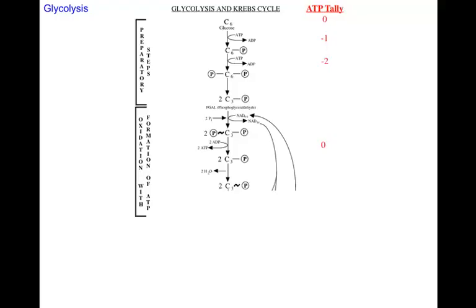Now in the next step in this process, the 2 3 carbon molecules with the phosphate group on them are acted on by an enzyme, and that enzyme will remove water from these molecules.